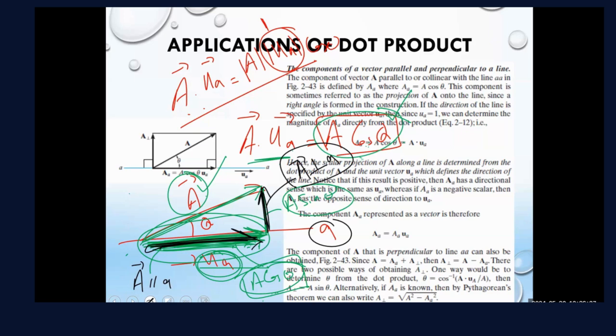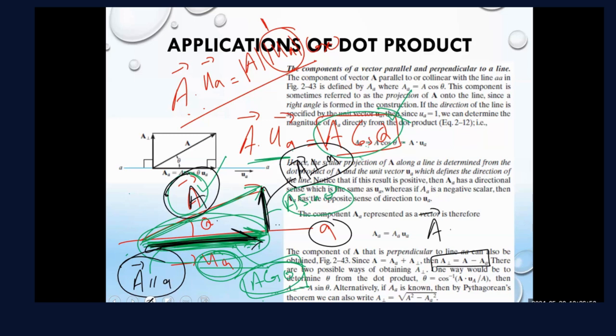You calculate the projection that is parallel to this side and the one perpendicular to it. Once you know the parallel one, by using the Pythagoras theorem, or by using addition or subtraction of vectors, you can calculate the other. If this is vector A, using the head to tail rule, I can write it like this.